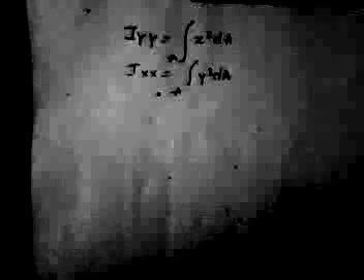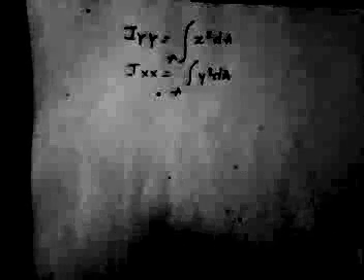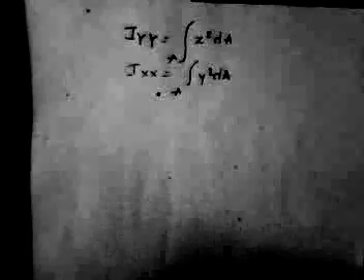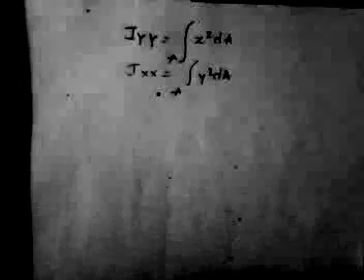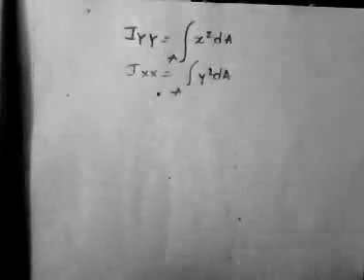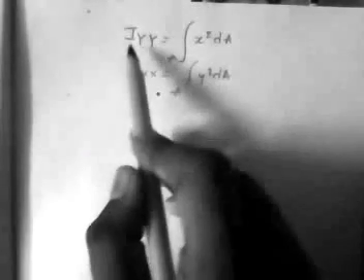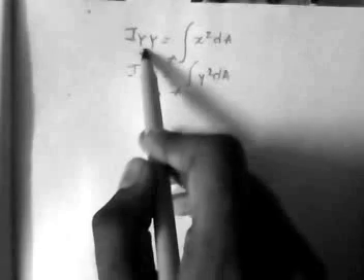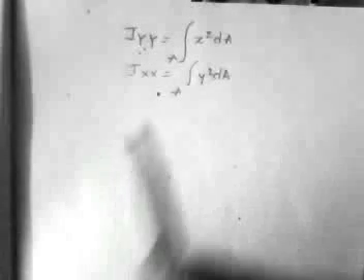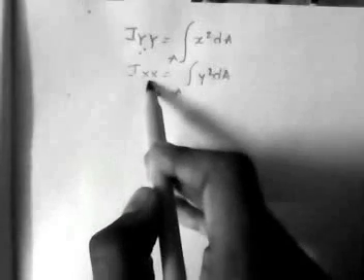Here we are dealing with area, so the resistance to rotation of any area will be denoted by the parameter moment of inertia, or second area moment. These are the two terms we derived: the moment of inertia with respect to the y-axis is the integral of x squared dA, and with respect to the x-axis is the integral of y squared dA.